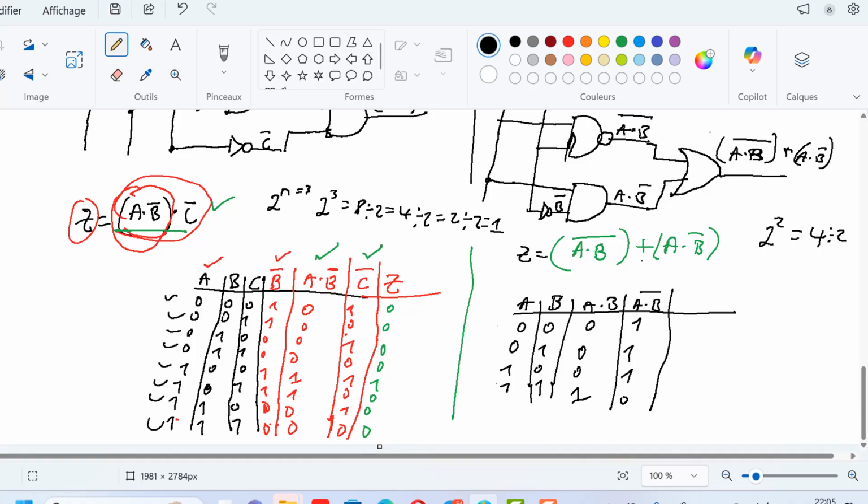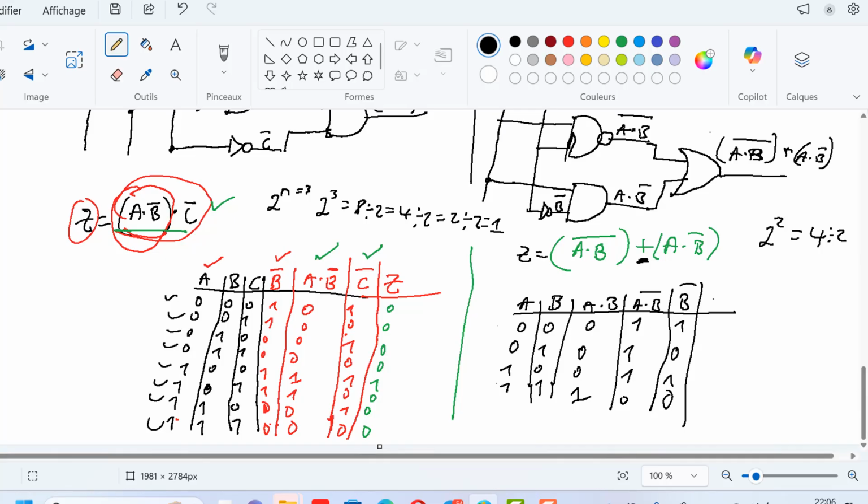The next here is what? Is this plus here, but you cannot solve this plus because this plus here is taking first input A dot B all that bar, but second input is taking A dot B bar, and A dot B bar is not existing. So start by solving A dot B bar. But also you cannot solve A dot B bar because B bar is not yet there. So you start by putting B bar first. Where is the column B? So this is it here. So it's 1, 0, 1, 0.